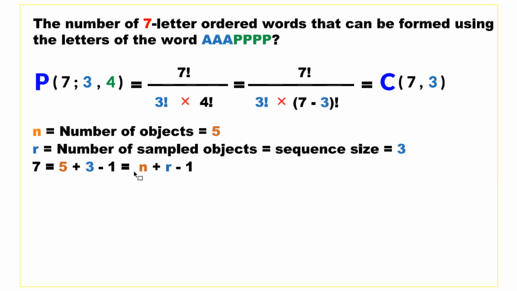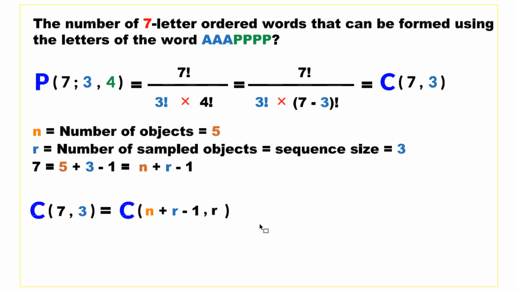And now we are going to substitute that into this combination formula without replacement, and we are going to get this formula here: combination of n plus r minus 1 taken r at a time.